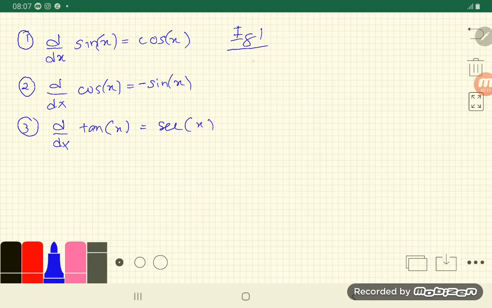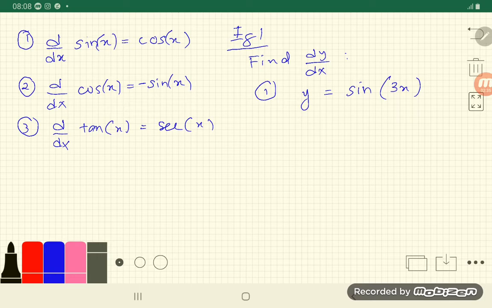Let's say the question asks you to find dy over dx, which is asking for the differentiation of the function, for the first one, y equals sine 3x. In order to do this, we are going to follow the first formula.